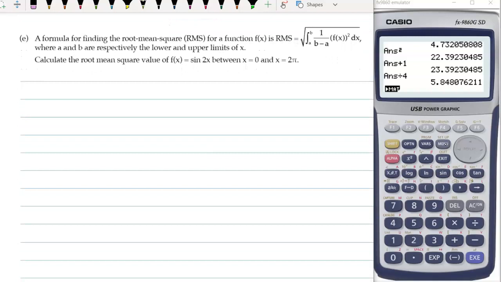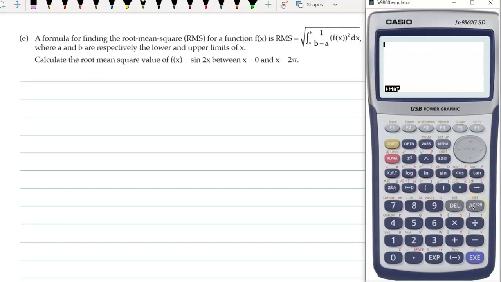Okay, part E is not quite as complicated as it looks. But what we need to start off with is substituting into this formula that we've been given the information over here.